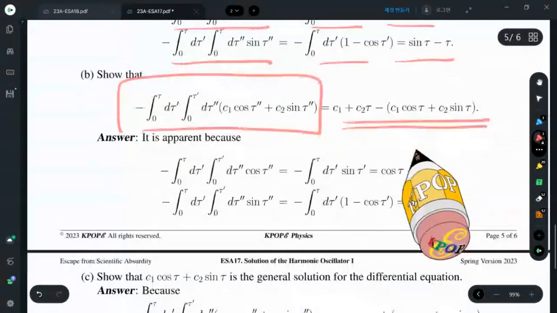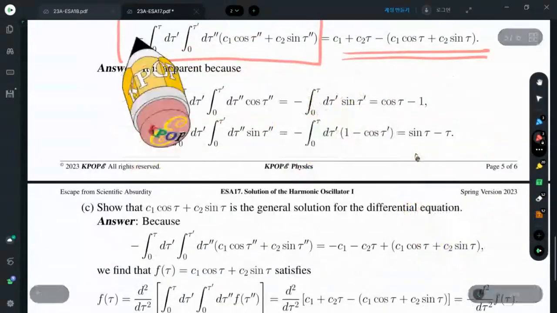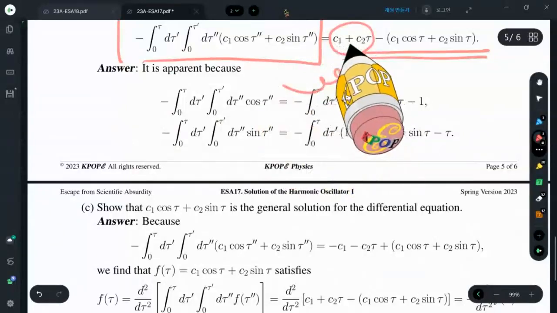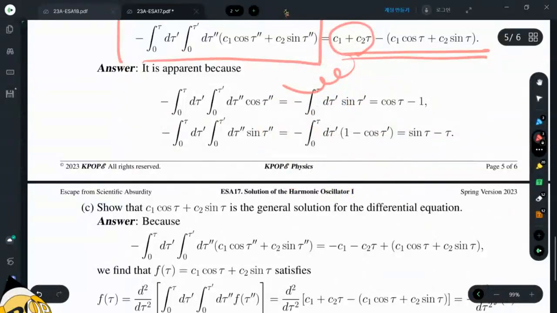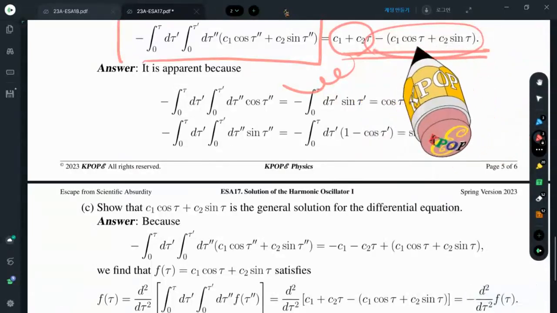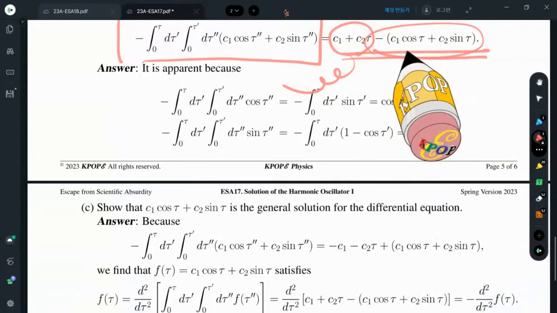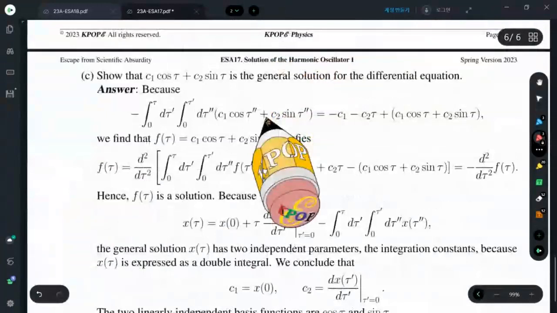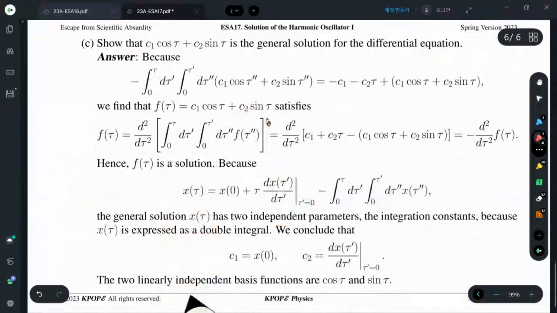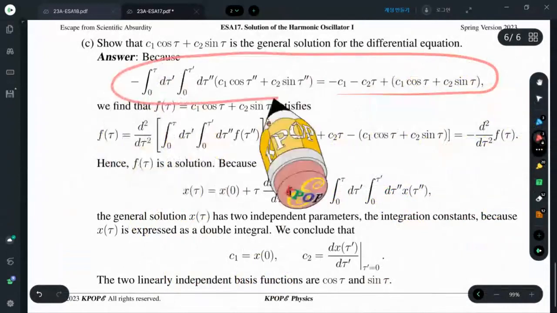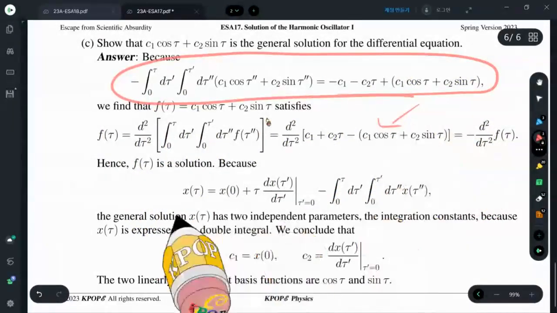Okay, you take the second order derivative of this function, and you will find this one disappears after the second order derivative. And this function, you know how to evaluate the double derivative. It is identical to itself except that we have a negative sign on it. Finally, you have found that this satisfies the equation.